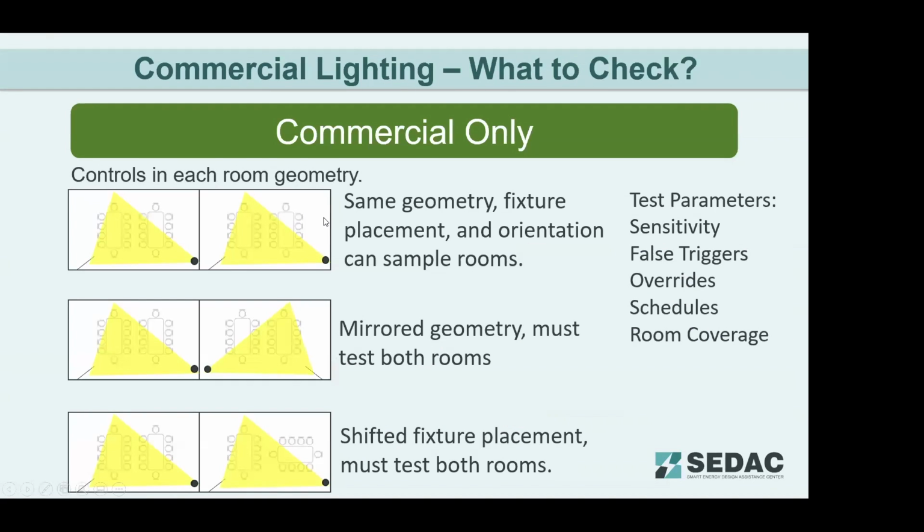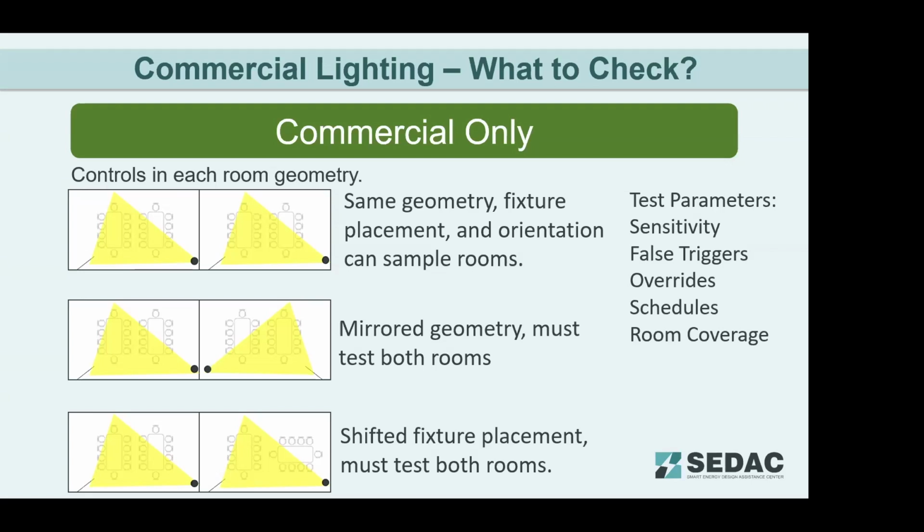As far as lighting goes, for commercial lighting, the key thing here is to pay attention to your room geometries. Rooms with the same setup can be sampled, i.e. not every room needs to be verified. Rooms with different geometries, different orientations of geometry, or different placements of permanent fixtures, they will need to be individually verified for sensor functionality.